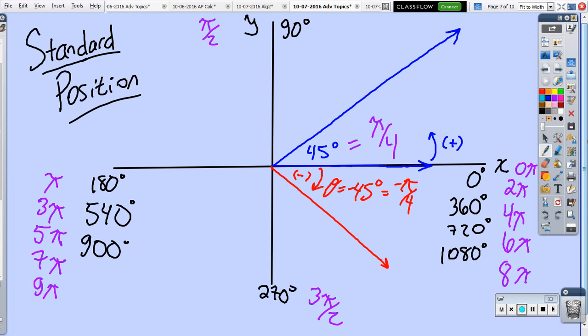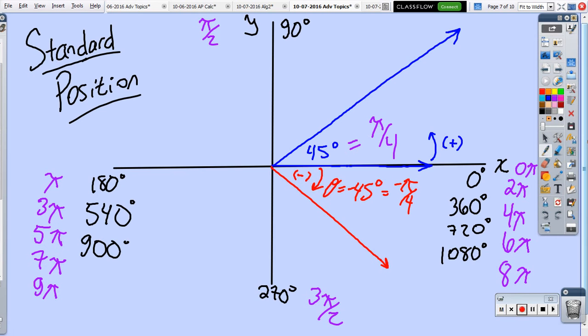No, theta is the measure of the central angle, but it can give you arc length by taking the measure in radians and plugging it into that formula, where S is equal to theta times the radius, to get arc length.